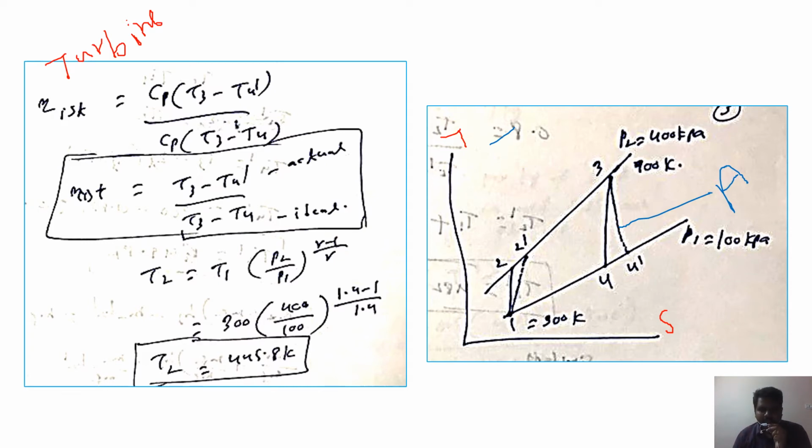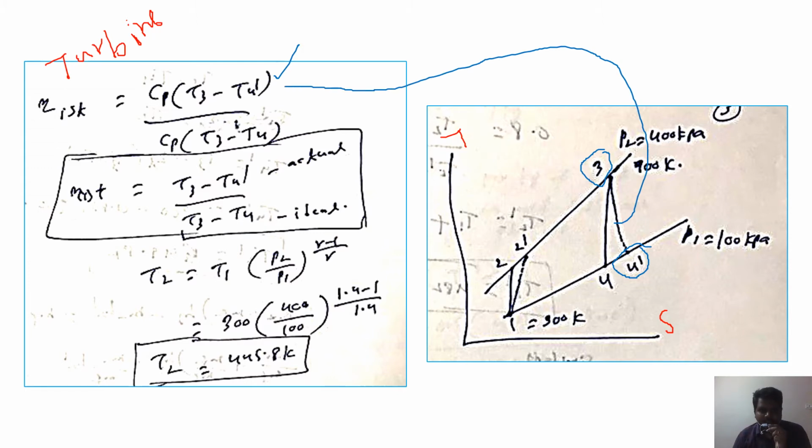Now from TS diagram we can write efficiency of the turbine equals actual work done. Actual work done is between 3 to 4 dash. So from this we can write it as Cp into T3 minus T4 dash divided by ideal work done.